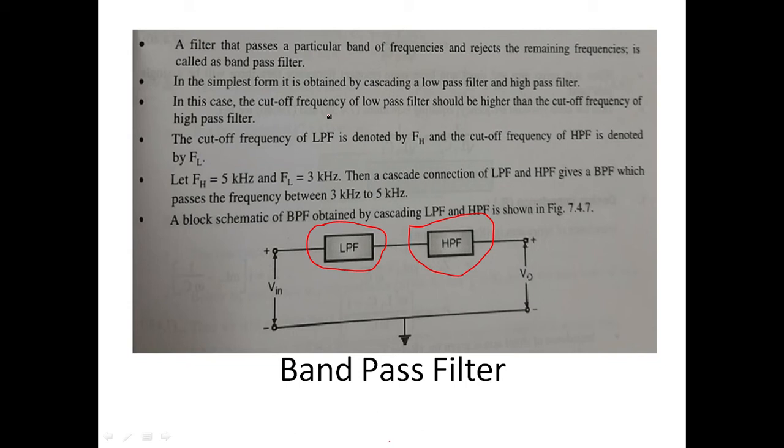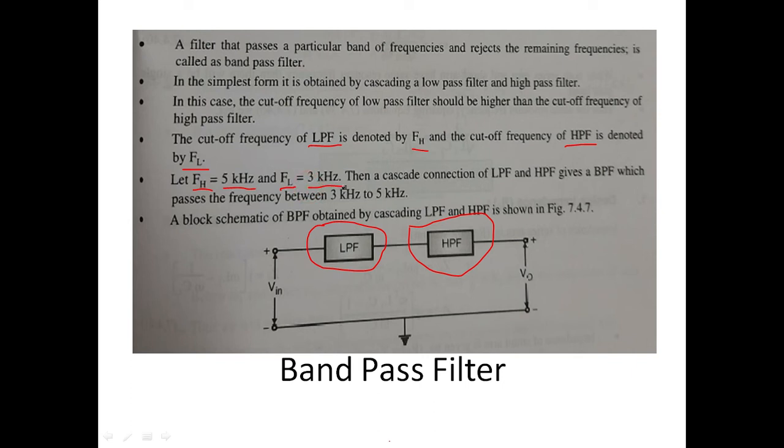The cutoff frequency of the LPF, the low pass filter, is denoted by f of h, and the cutoff frequency of the high pass filter is denoted by f of L. So f of h and f of L are the highest cutoff frequency and the lowest cutoff frequency. The highest cutoff frequency f of h is equal to 5 kilohertz, and f of L is equal to 3 kilohertz.